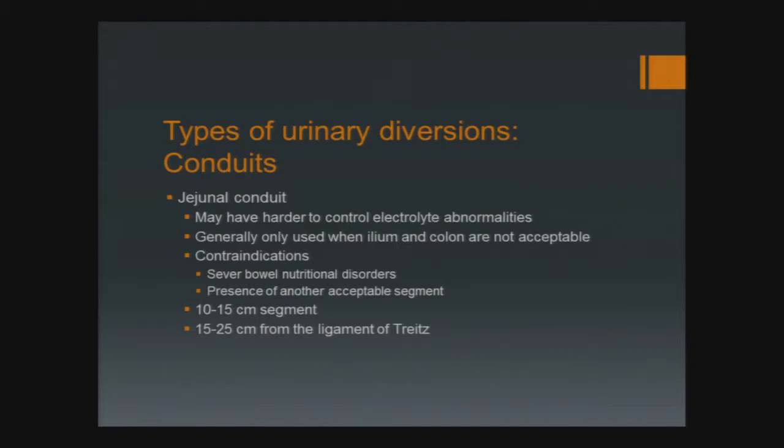Severe bowel nutritional disorders, or really the inability to use anything else, would be a contraindication to using a jejunal conduit. The literature suggests a 10 to 15 centimeter segment again. I've never done one, but I would anticipate that in practicality you would adjust that to the body habitus as well, and 15 to 20 centimeters from the ligament of Treitz.